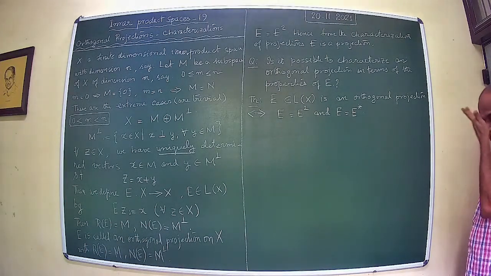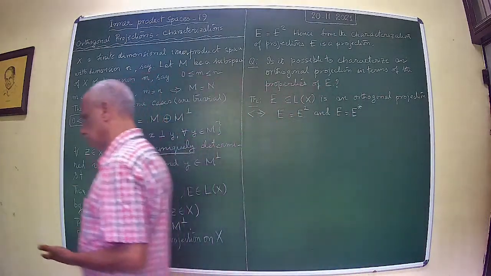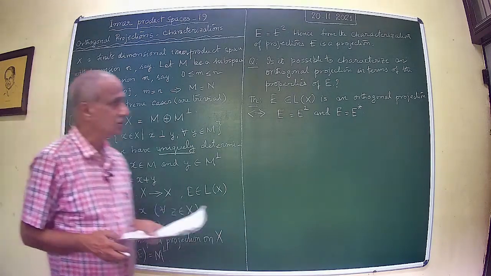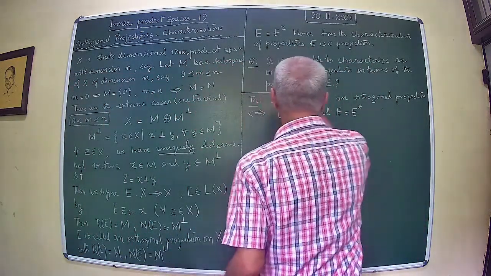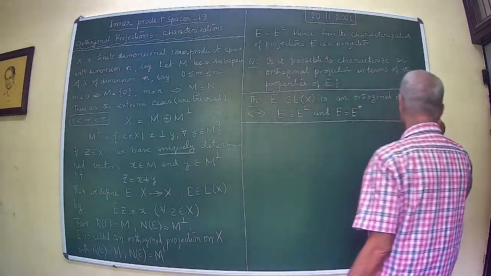See, if E is self-adjoint and a projection, then it's an orthogonal projection. So that's the theorem. This is a necessary and sufficient condition. So let us mark this theorem out. This is one of the characterizations that you have.